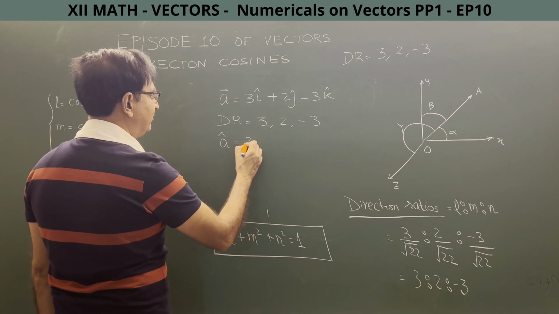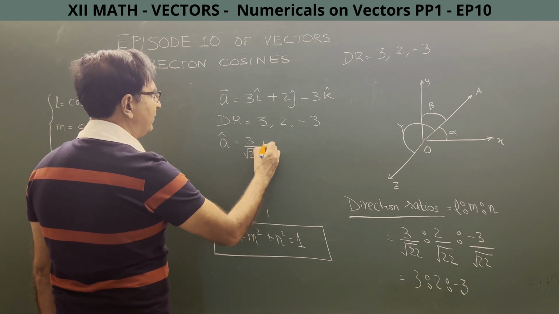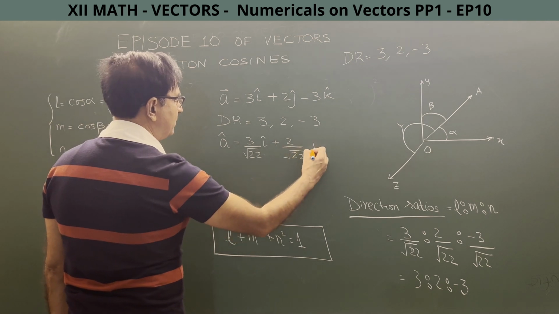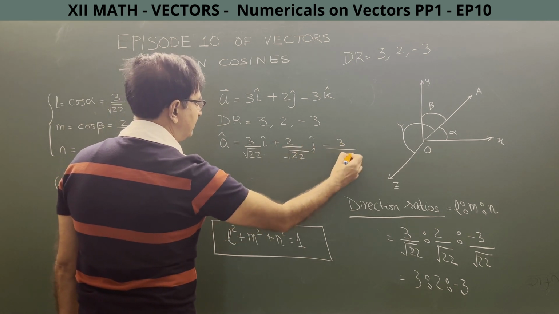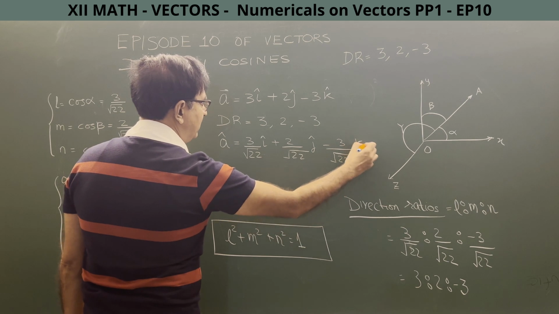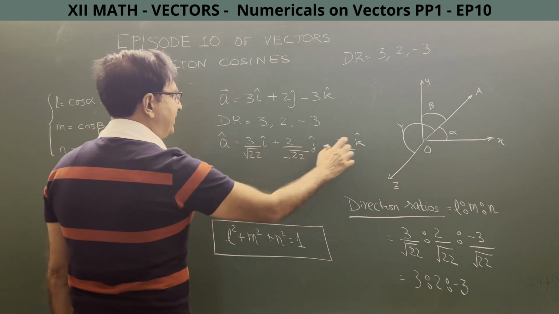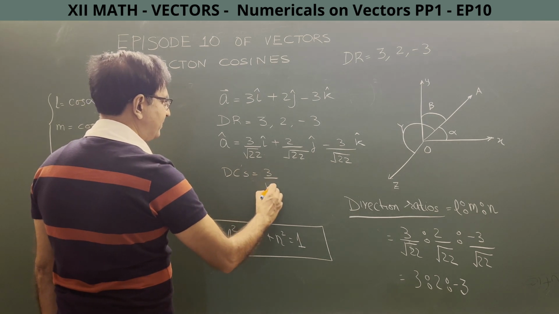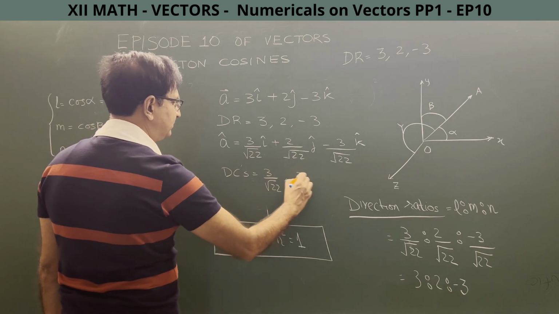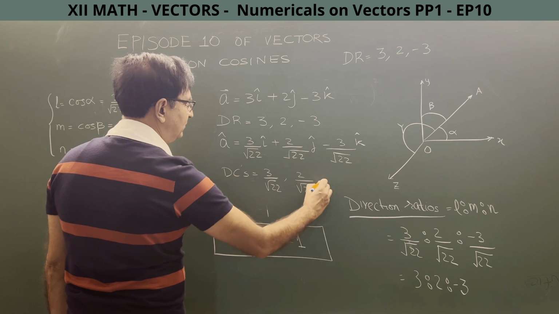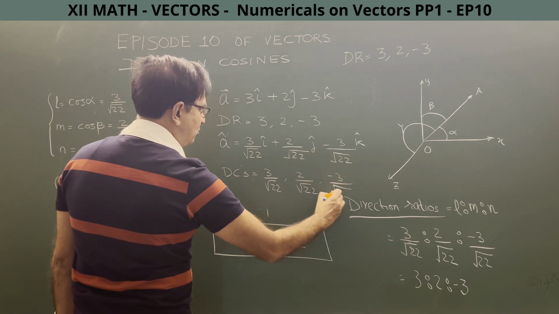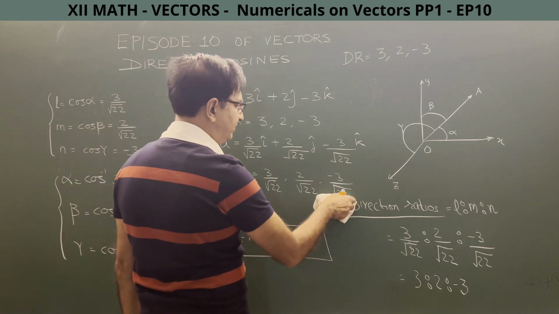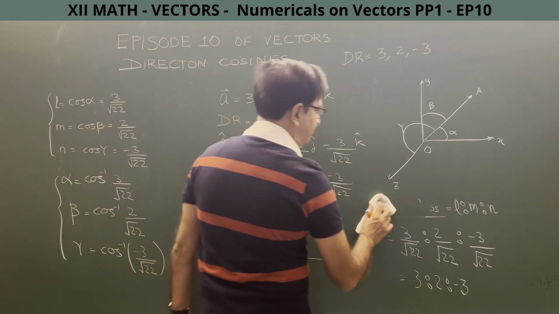So what did we get once we divided by the magnitude? Now you take the coefficients of i, j and k, you get your direction cosines. So if you just take the coefficients of i, j, k, they are direction ratios.